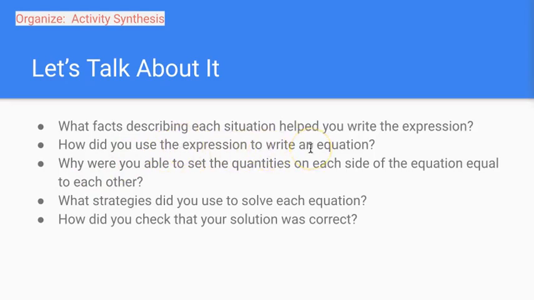Once you had your expression, you could use that to help you write the equation to actually solve the problem. So once you identified what you were solving for or how that problem was set up, then you knew what your next step had to be.